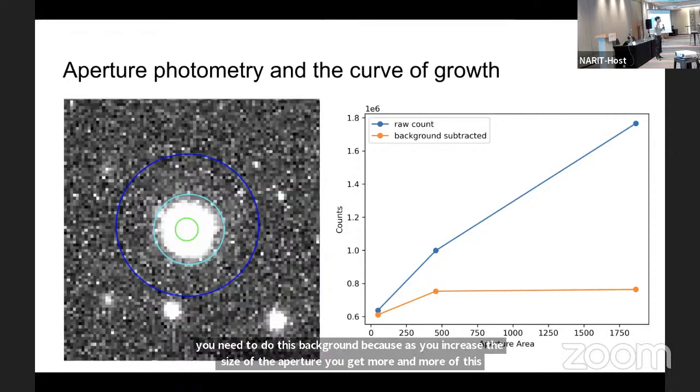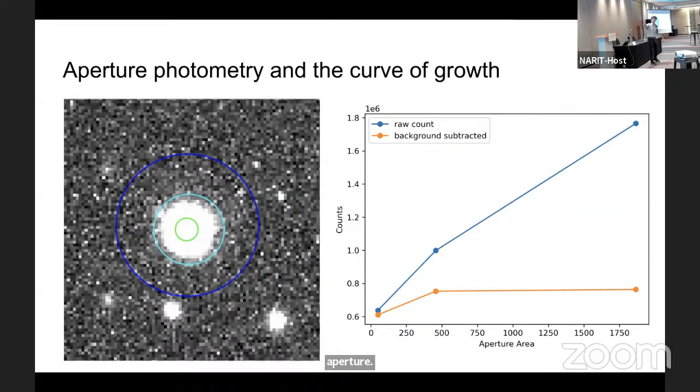Because of this, the amount of counts enclosed in the aperture just keeps going up with the size of the aperture, but really, there's nothing there, right? So if you do proper background subtraction, you estimate roughly how much the background is, and you subtract it out, you get the lower curve labeled background subtracted.